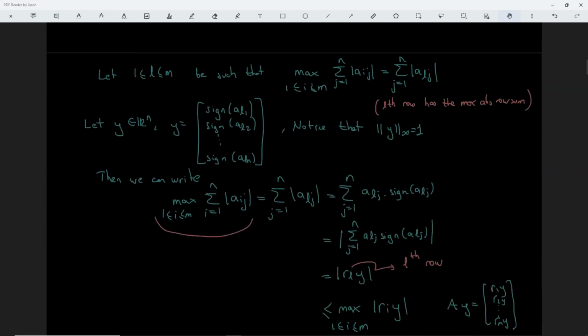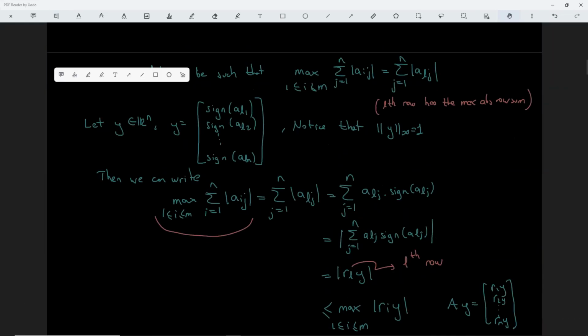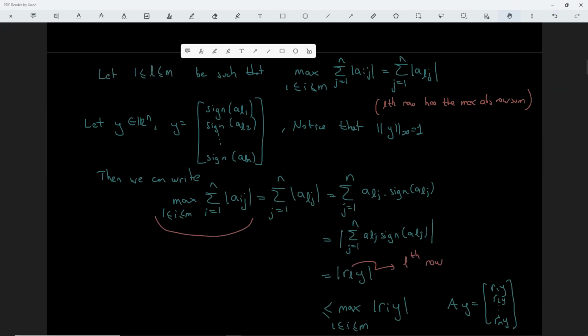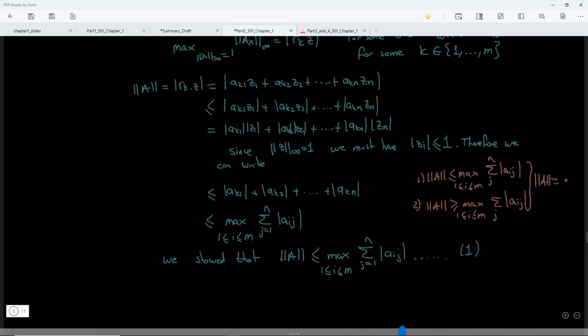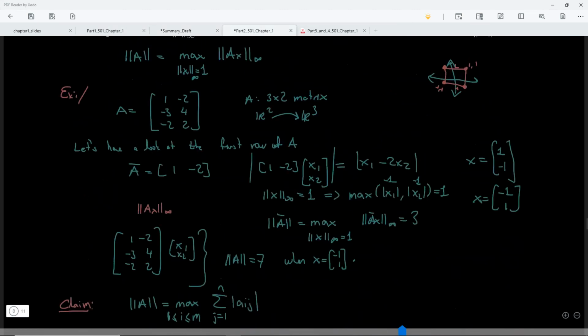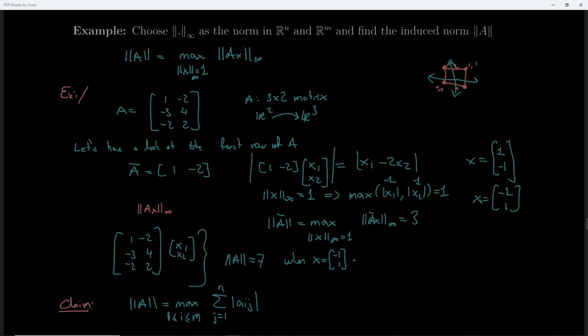So that was the reason why we have, where is it? In the first example, this was our A matrix, and the maximum value of the sum of absolute values of its row elements is attained on the second row, right? So that is the second row, and the induced norm of A was equal to, oh sorry, 7 over there.